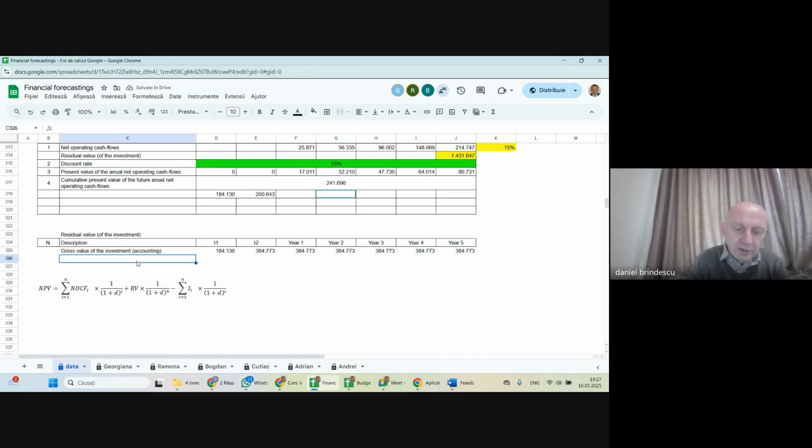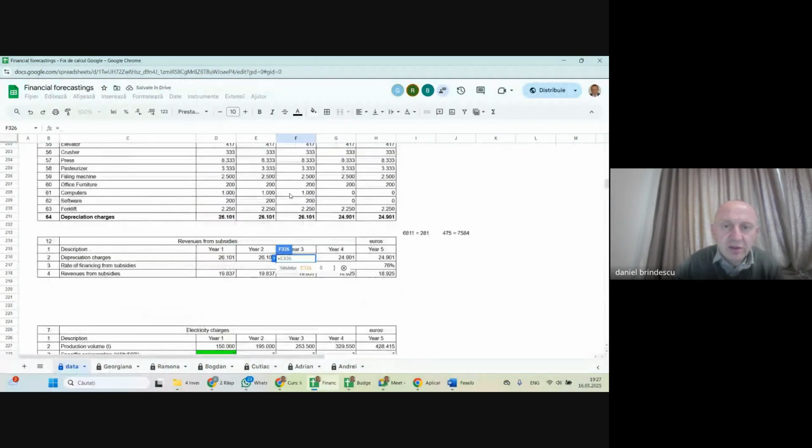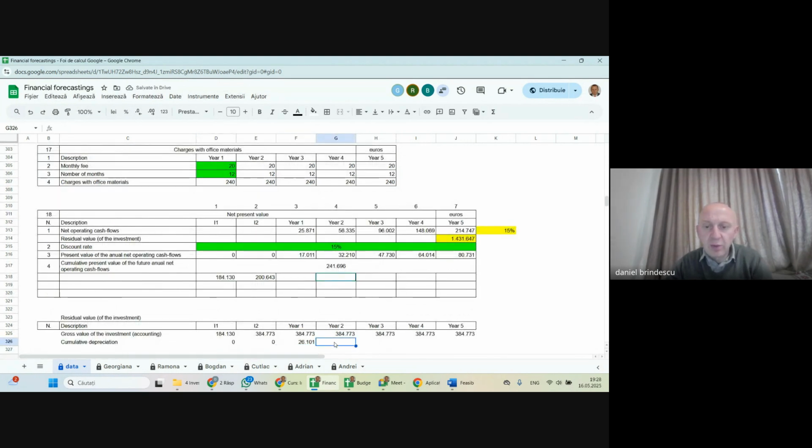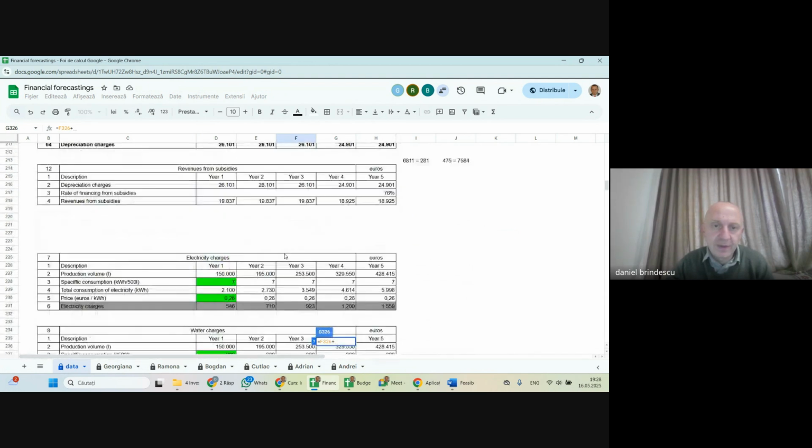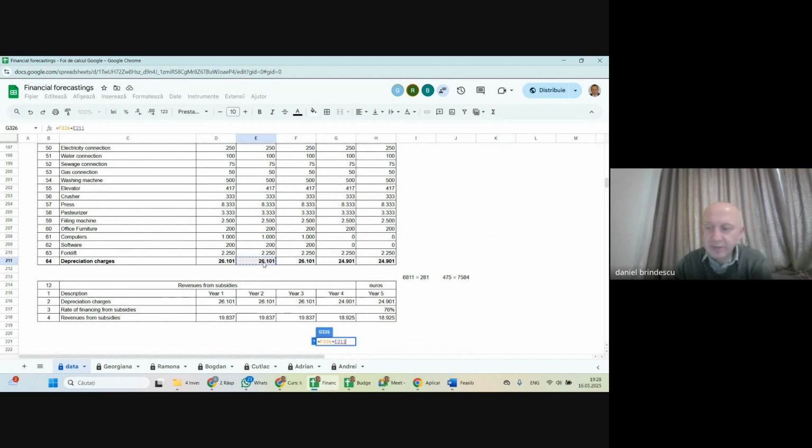Now, the cumulative depreciation. The depreciation process starts with the operating activity, and we have estimated the depreciation charges already here, but now I'm trying to calculate their cumulative value by adding them up.